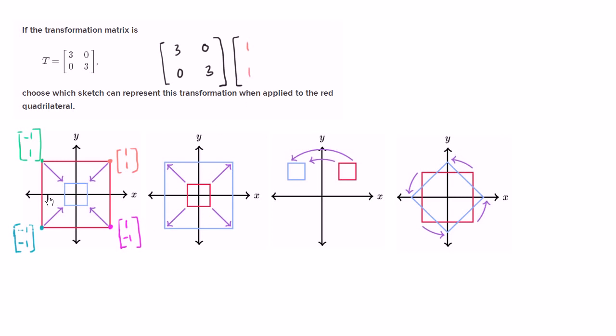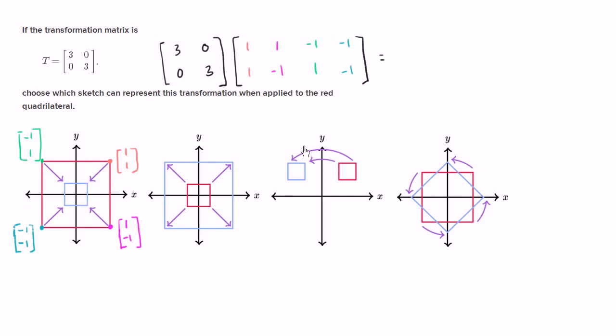We have the point 1, negative 1. We have negative 1, 1. And then we have negative 1, negative 1. These were convenient points to pick since they didn't give us the points, because it'll make the math fairly straightforward.